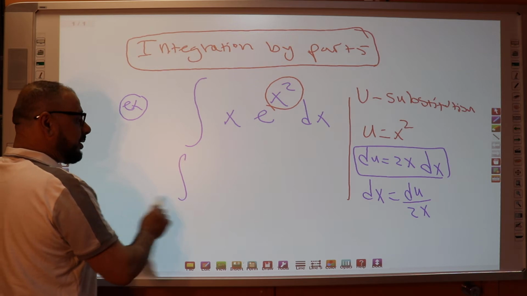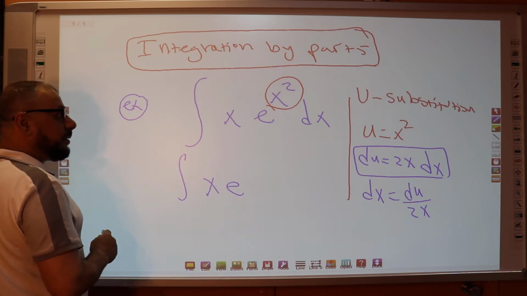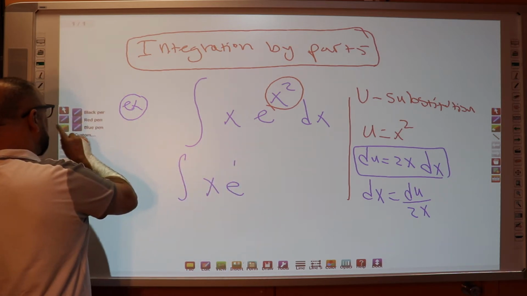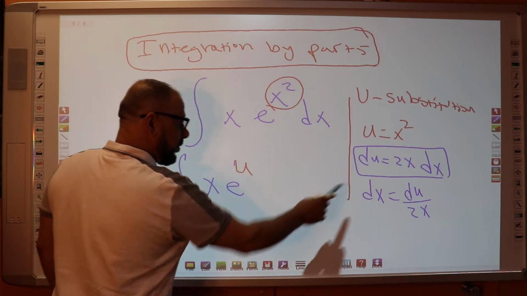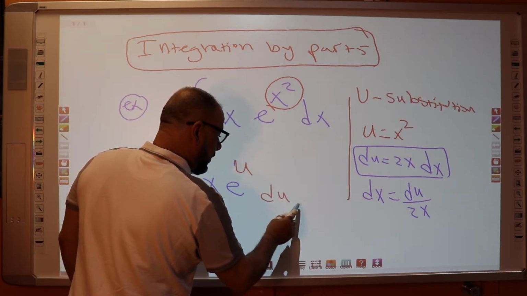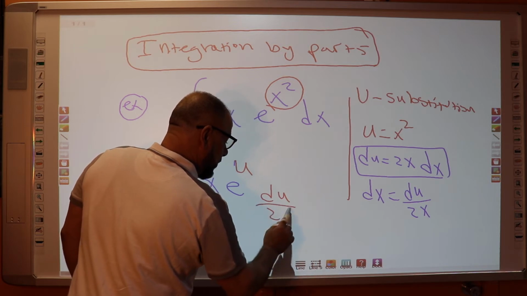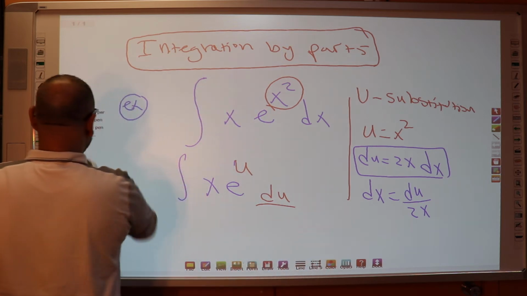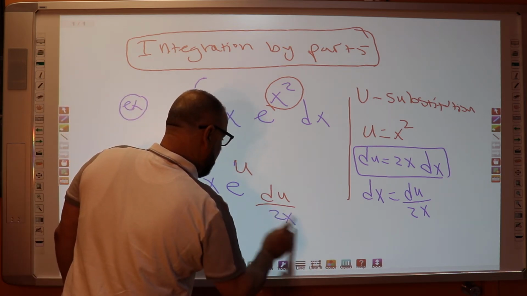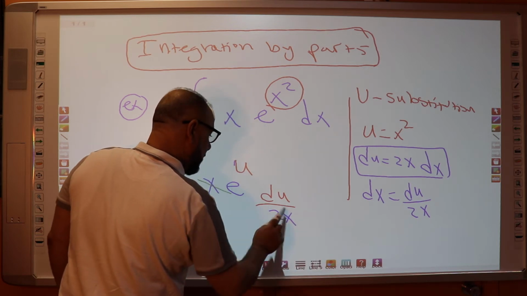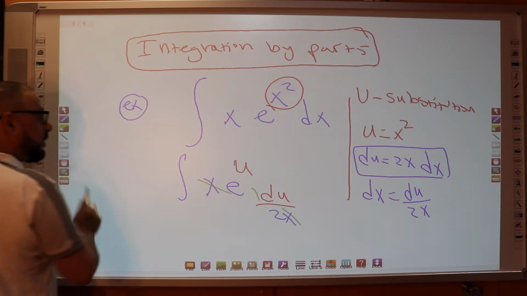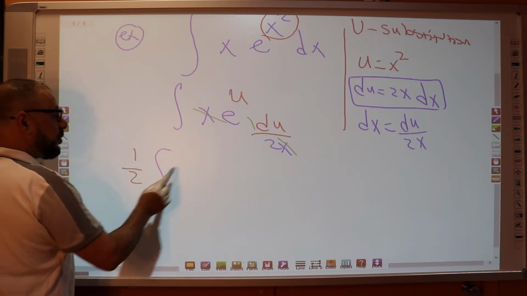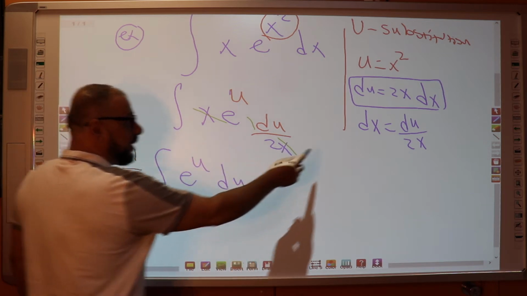Then back to this one: x e to the u, and dx is du over 2x. You follow me? Then cancel x with x, and we have 1/2 out, the integral of e to the u du.